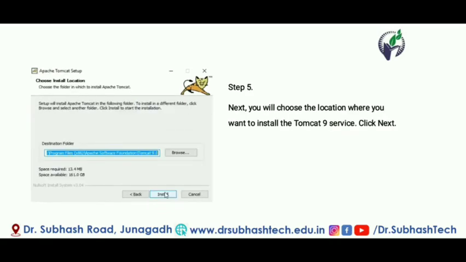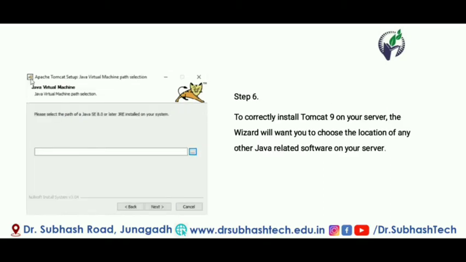Then at step 5, you choose the location where you want to install the Tomcat services. Then you just have to click the Install button. The JRE location is defined; for that, you just have to install the JRE.